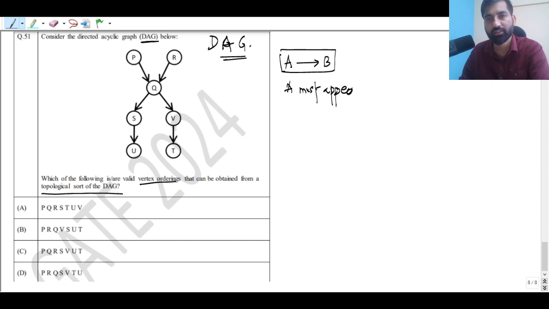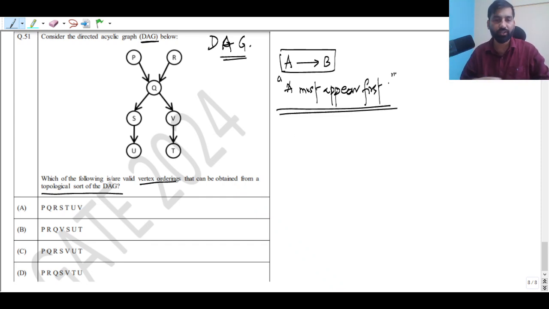If you are writing the ordering, you should write AB, like this. You should not write BA. This is wrong.